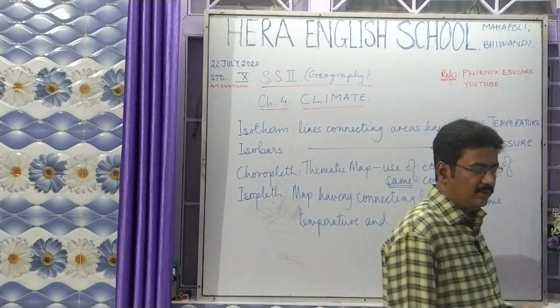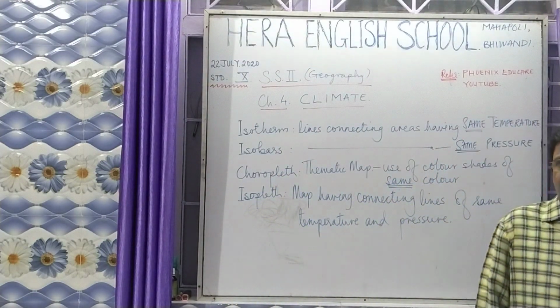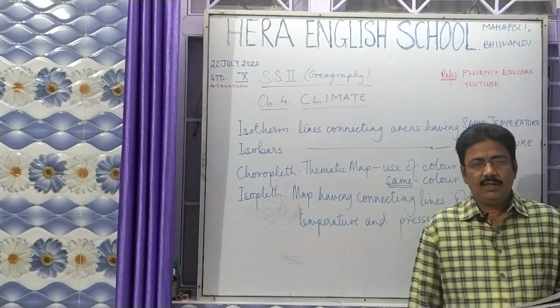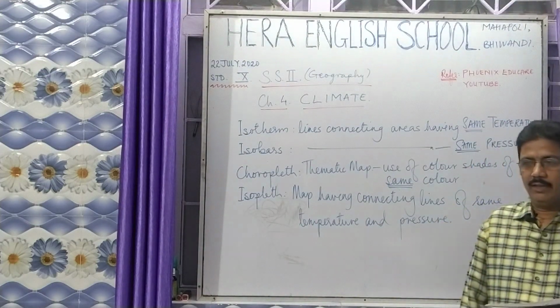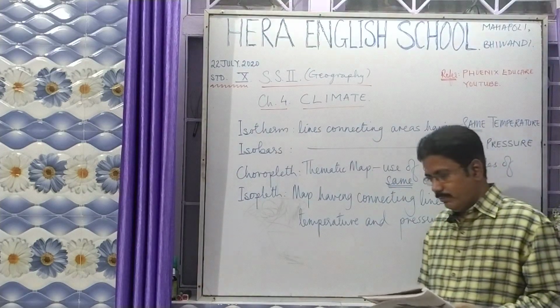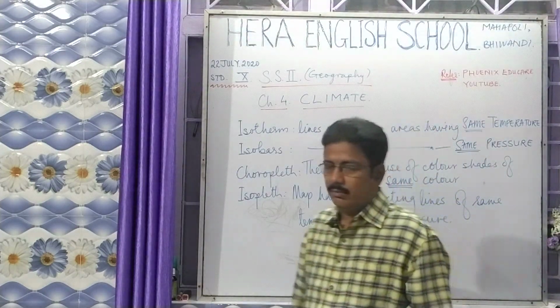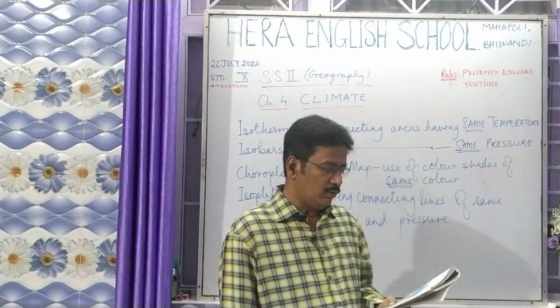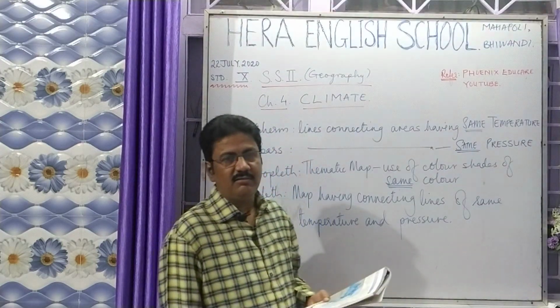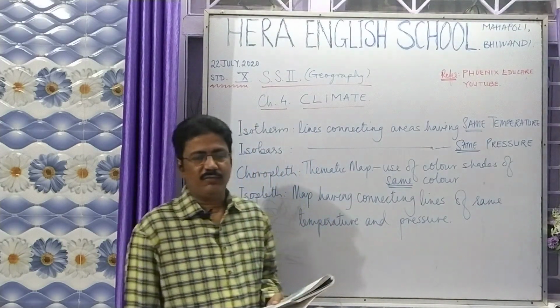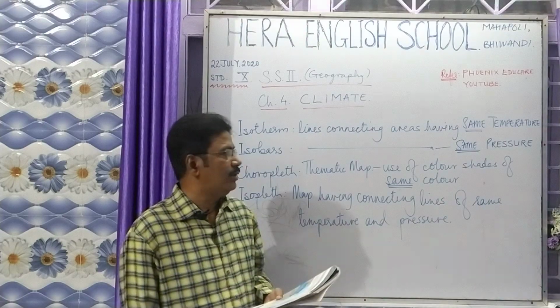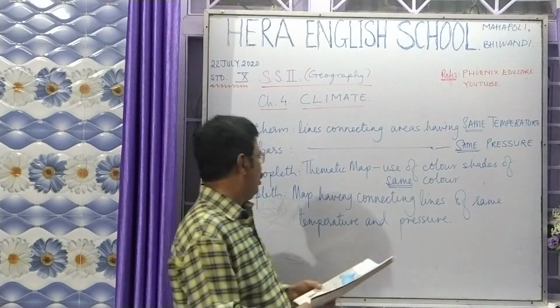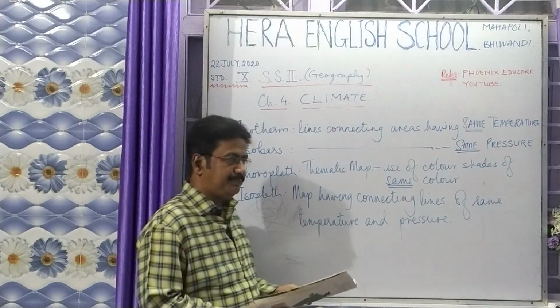In the vice versa manner, if you put a drop of black in the same blue, it becomes a darker blue. Another drop of black, and it becomes another darker shade. That means the main color is blue, and they are giving different shades of that same blue color, which is known as your choropleth map.